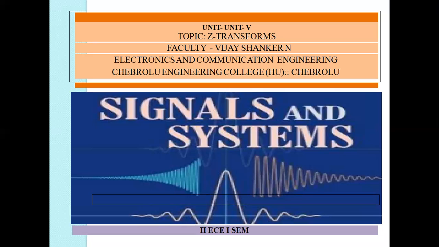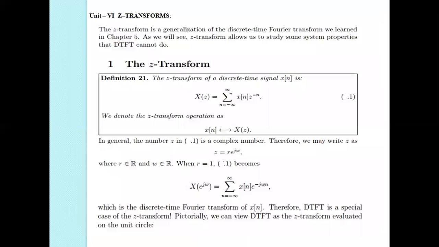But whatever we discussed previously, the Laplace transform and the Fourier transform, is for analog functions. Coming to the Z transform, it is not analog, it is discrete time. Another name is the discrete time Fourier transform.